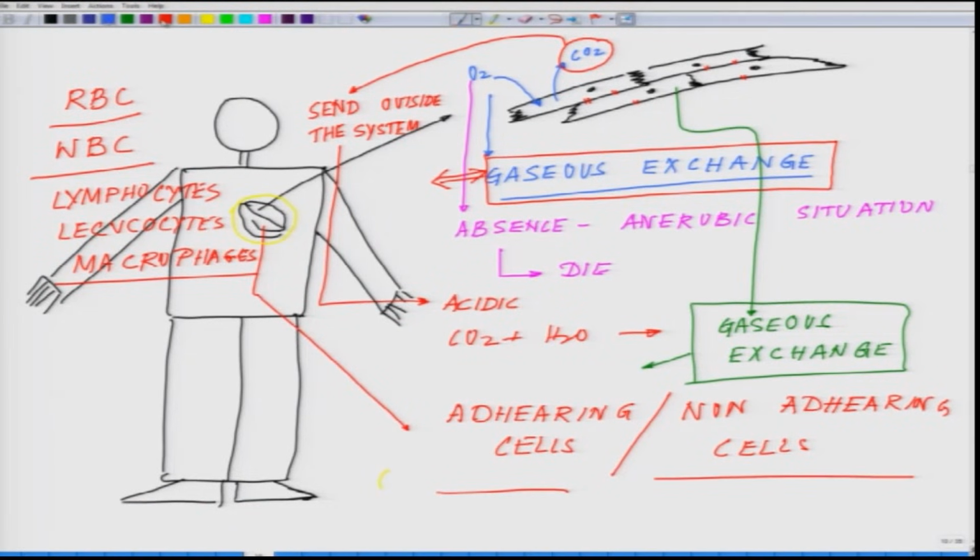One second, let me change the color. Non-adhering cells, it is rolling, it is moving through. But while it is moving through, it may secrete out certain things, right? In real life, we do not know what it is secreting, and what it is secreting to its surrounding may influence another cell which is an adhering cell sitting underneath.